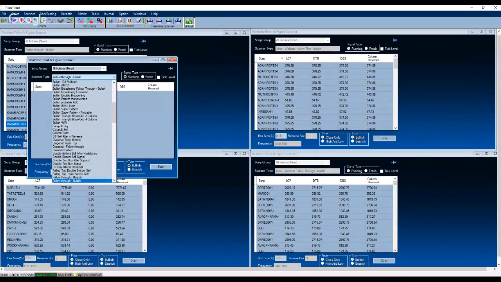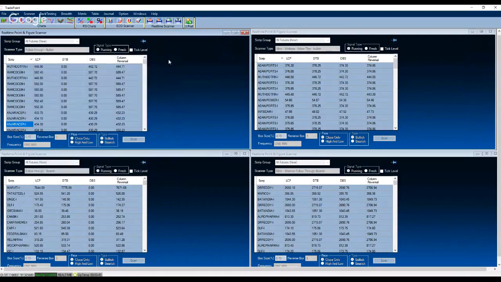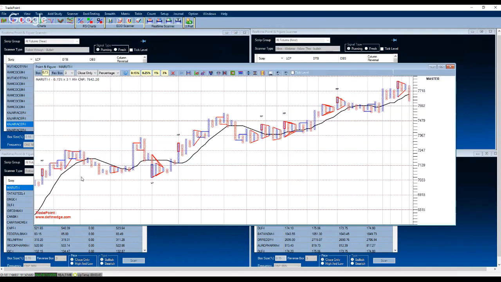Follow through bearish and follow through bullish. I have already chosen those two scanners here, and this scanner will run on a live basis, and it will throw out candidates where a follow through buy or a follow through sell signal has been triggered. So we can randomly pick up any stock and see how effective this pattern is.